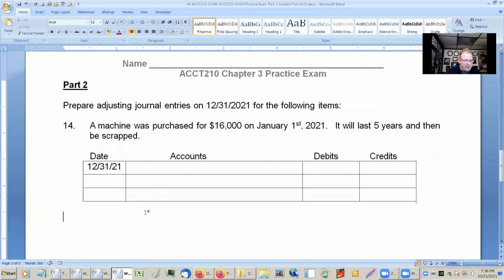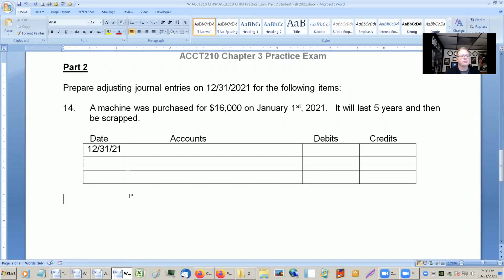Number 16. A machine was purchased for 16,000. It was used for 5 years and then scrapped. So it's going to be 16,000 divided by 5, 3,200 per year.